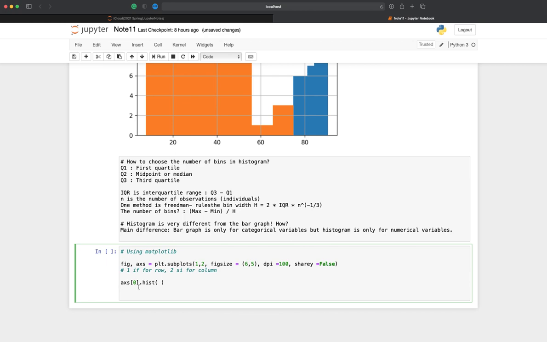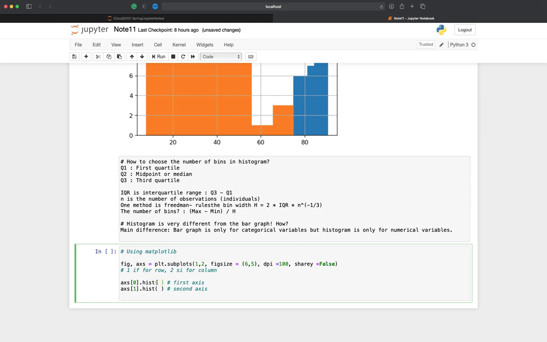Okay, and then I'm going to assign another histogram to the next axis. First axis, second axis.